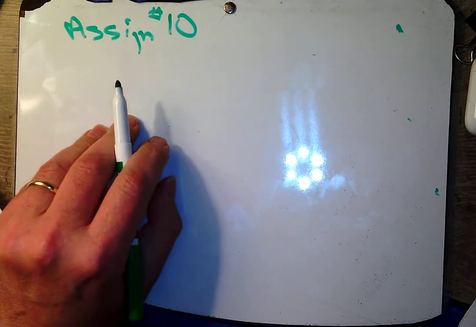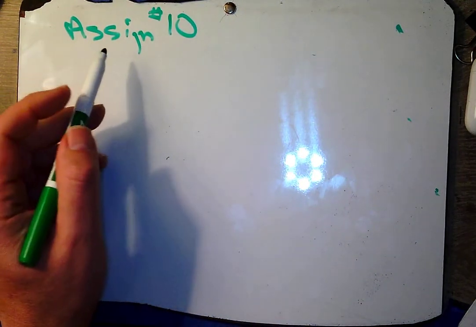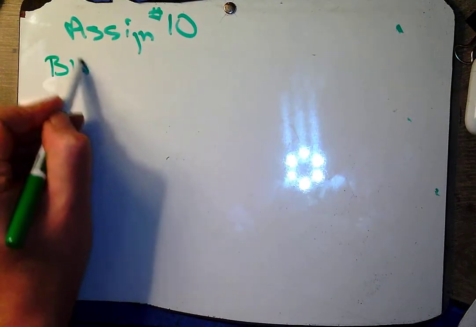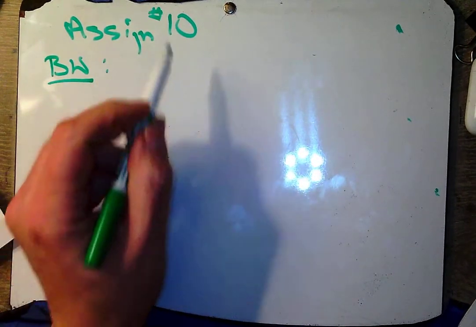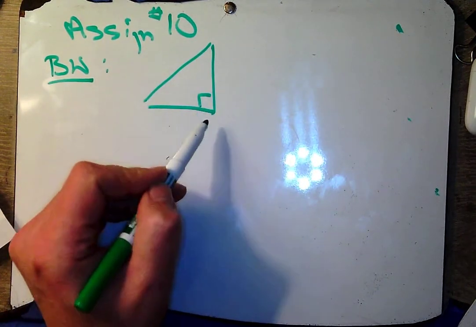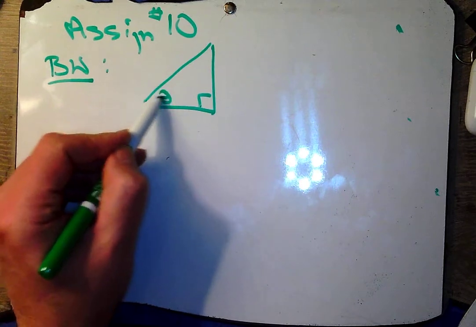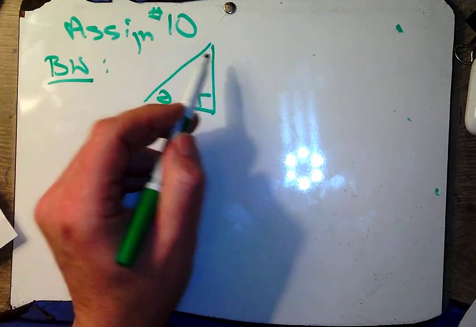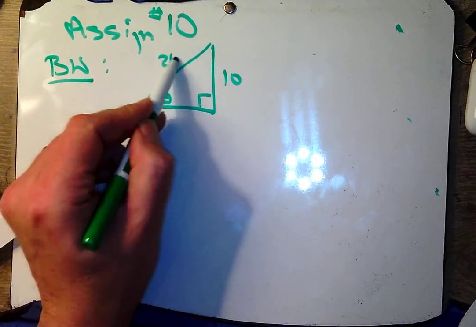Okay, in fact, first, let's talk about this. I'd like to have a little review, and I think maybe you can help me. So I've got theta, and I have 10 and 26.